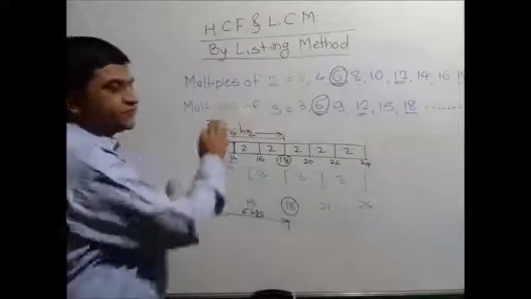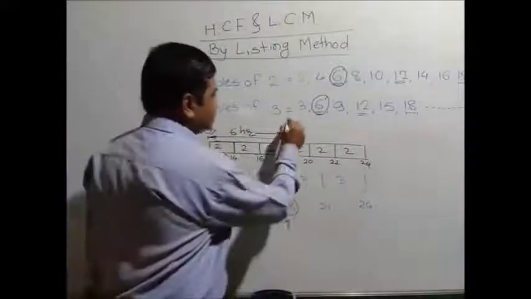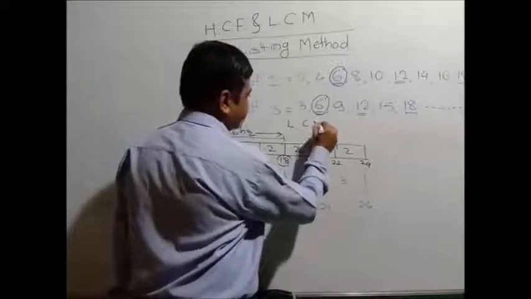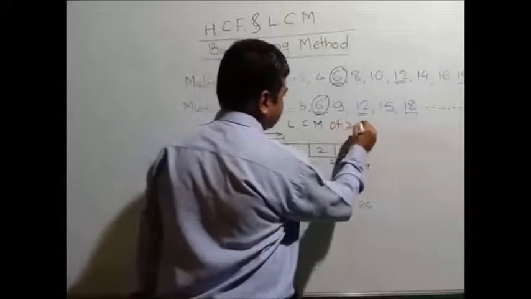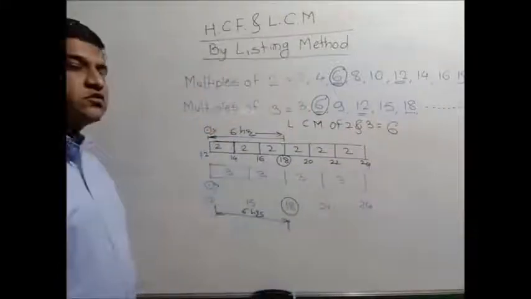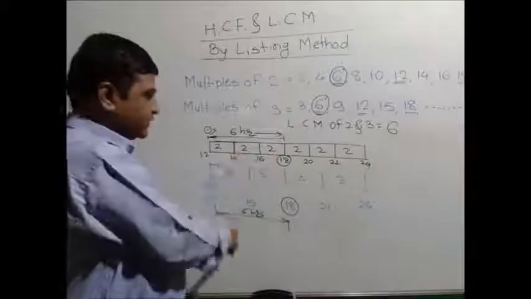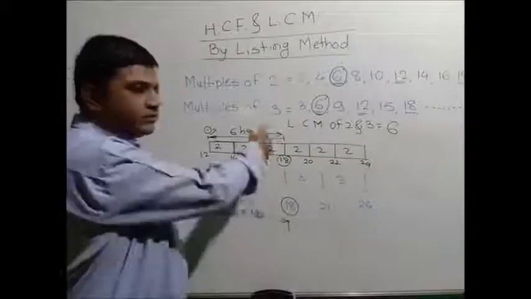So by just finding the least common multiple, LCM, we said that the LCM of 2 and 3 taken together is 6. So after 6 hours the bells are going to ring at the same time, simultaneously.